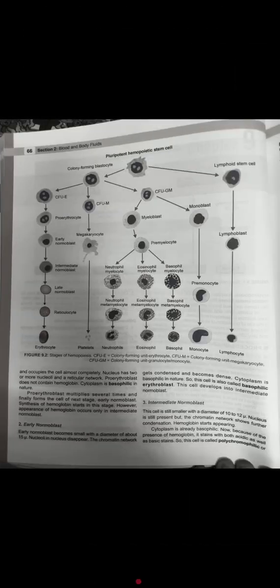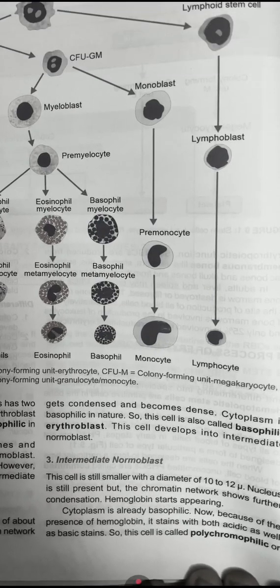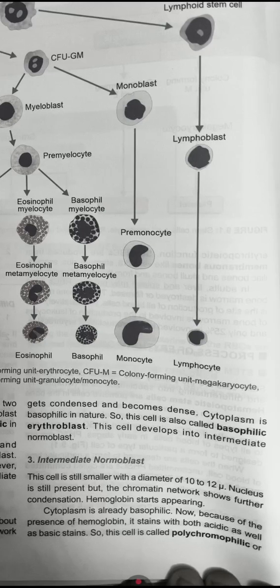The chromatin network, the network present inside the nucleus, gets condensed and becomes dense. Dense means they appear darker.